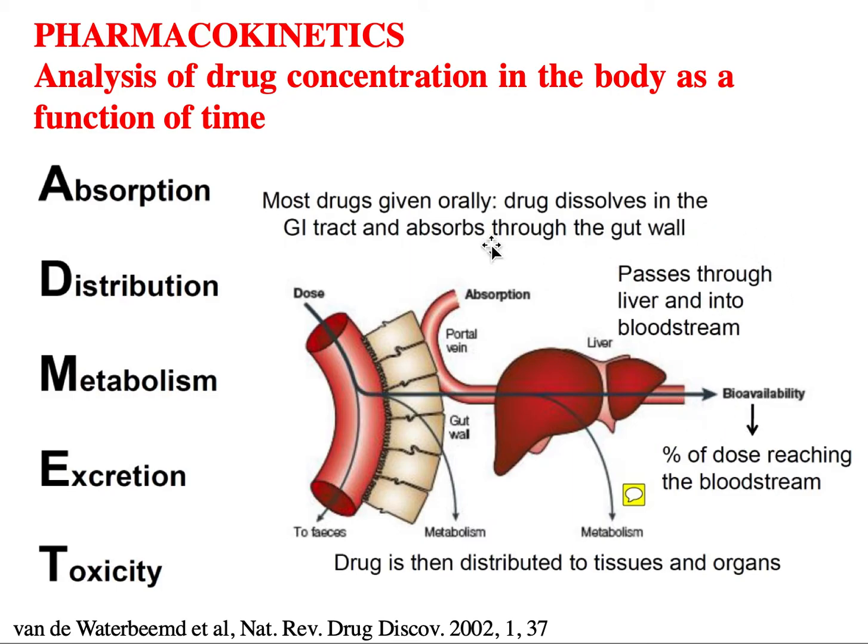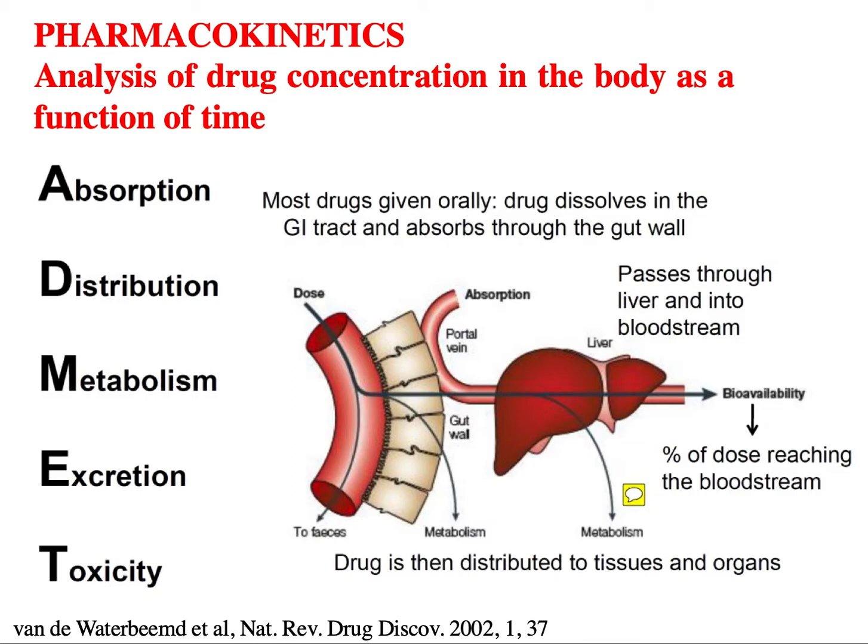Every time they circulate, they're going to end up passing through the liver. Let's not say a second time through, but at some pass through the liver in the future, the liver is going to metabolize the drug, and then the drug's going to be excreted.